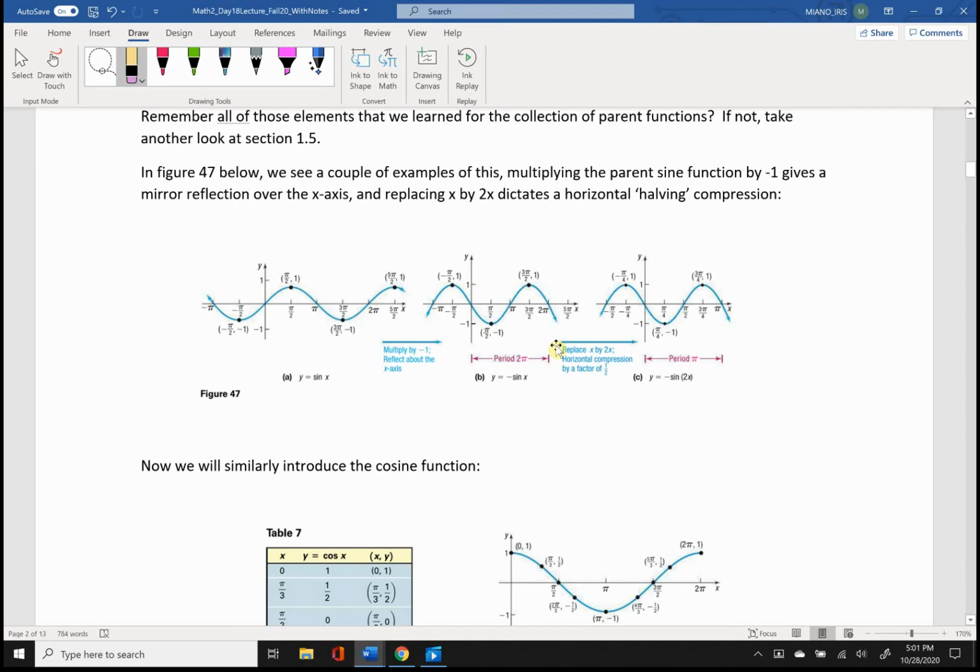It's just a mirror image reflection, and if we needed to, for whatever reason, adjust the period, we could compress it or stretch it. Here is an example of 1/2 compression on the period, making the original function's period of 2 pi reduced to a period of pi.